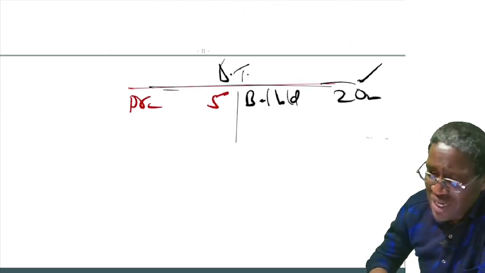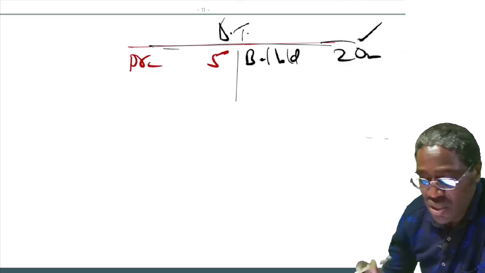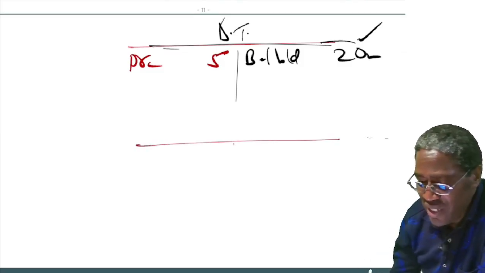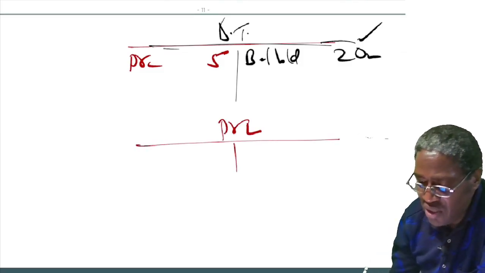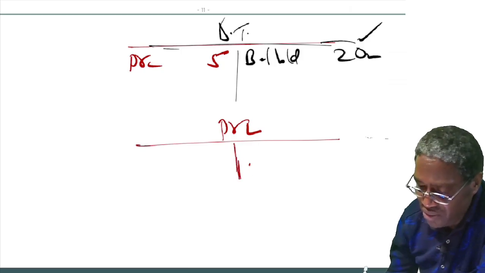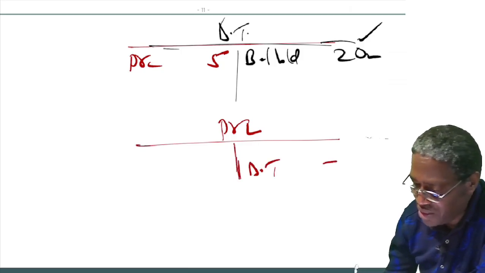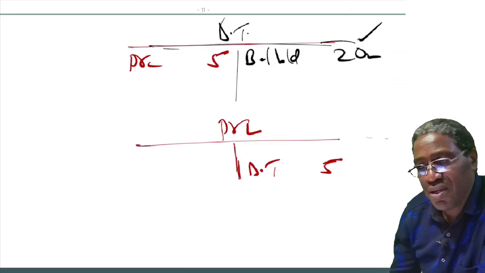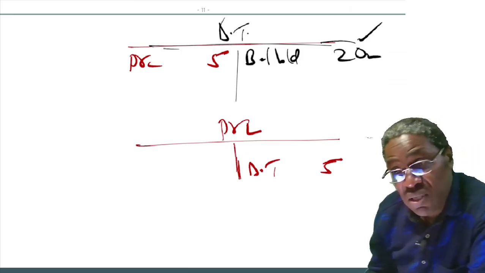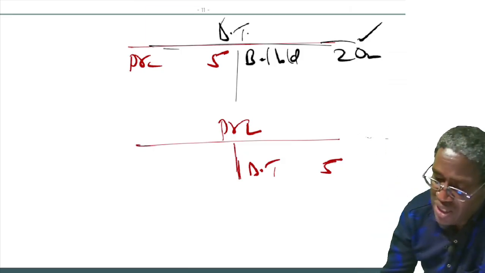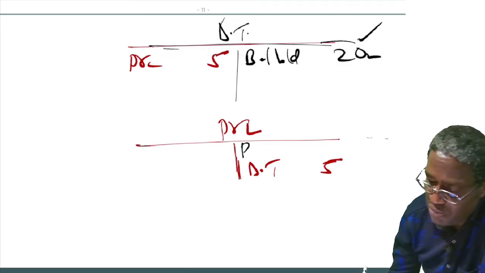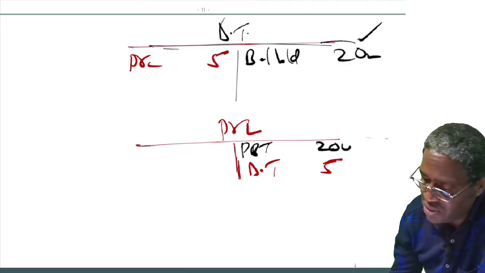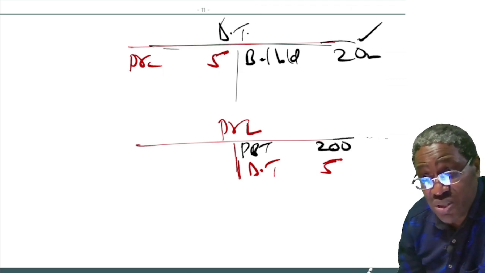Which automatically means, listen to this, in your P&L account here, you will credit now 5 million, and you say deferred tax 5 million. Don't forget, normal profit is a credit balance. Your profit before tax was here for 200 million. Your corporation tax was 30.